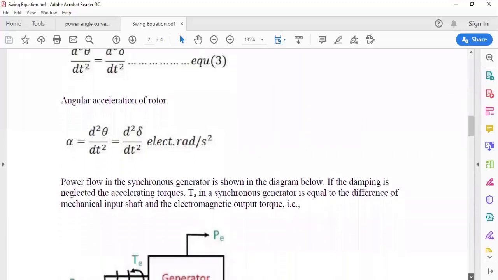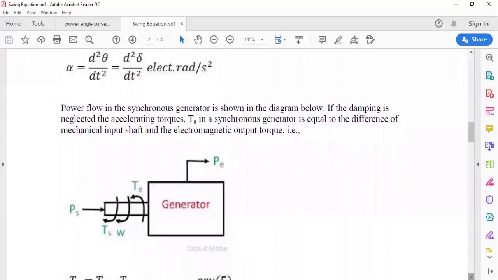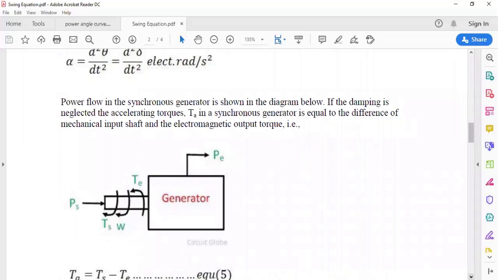Now this is the model of the generator actually. Why we have taken this: in case of a generator or alternator, we have to give prime mover input, and then we will get the electrical output, meaning mechanical input and electrical output. If we see the diagram, Ps is the mechanical input and P is the electrical output.